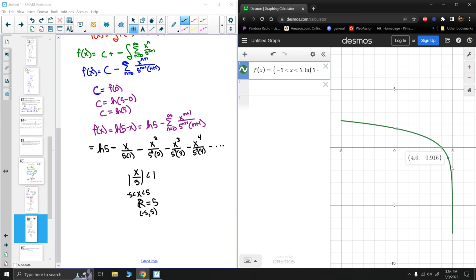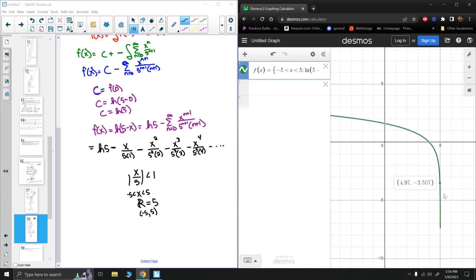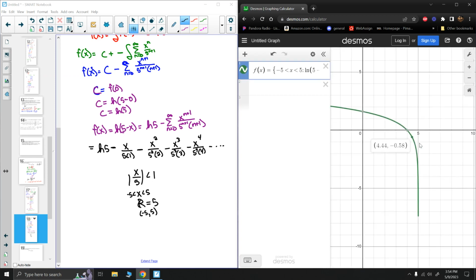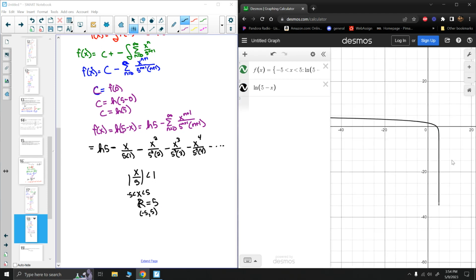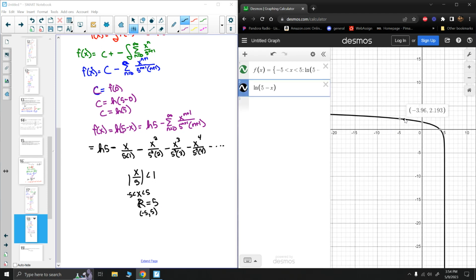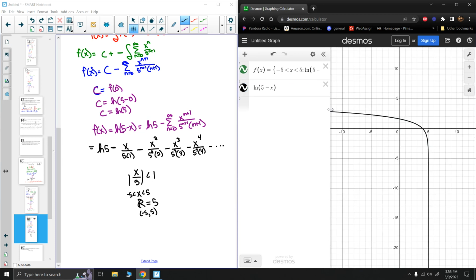And at 5, it could potentially be it, but if we look here, it seems like it's having issues at this 5. So let's take a look at it. Ln of 5 minus x, that's a vertical asymptote right there. Okay, so I guess that's really what I should have had. At 5, this is our issue because it's a 5 minus x. I was thinking x minus 5. So we have an issue at 5. So 5 definitely isn't included, but negative 5, it might be.